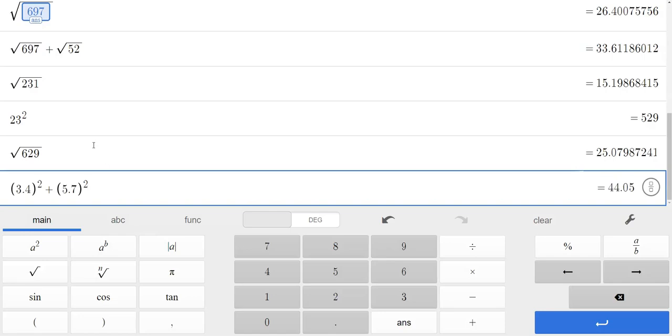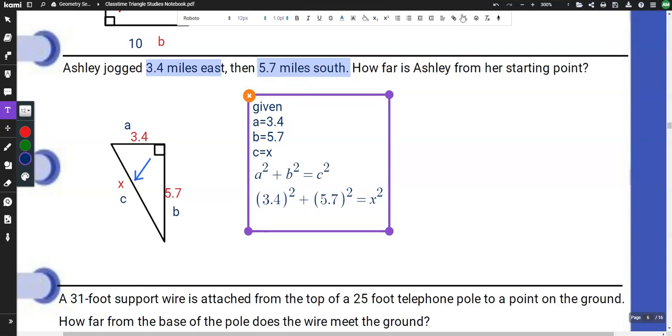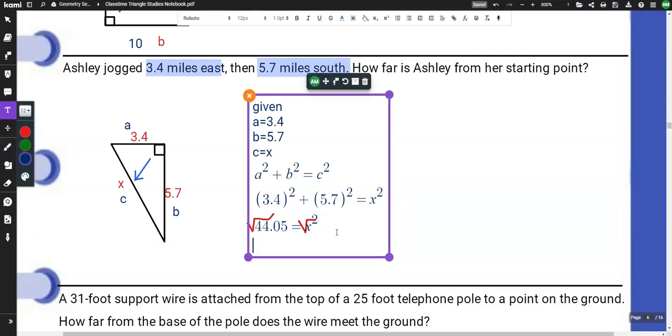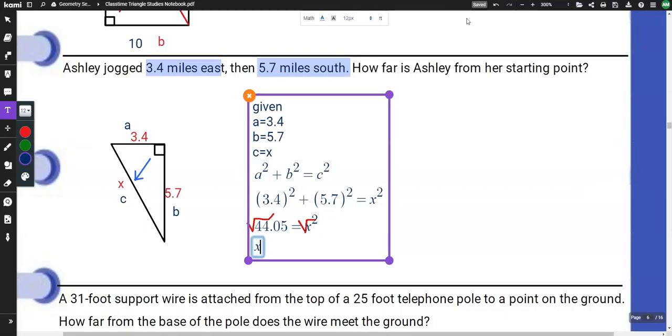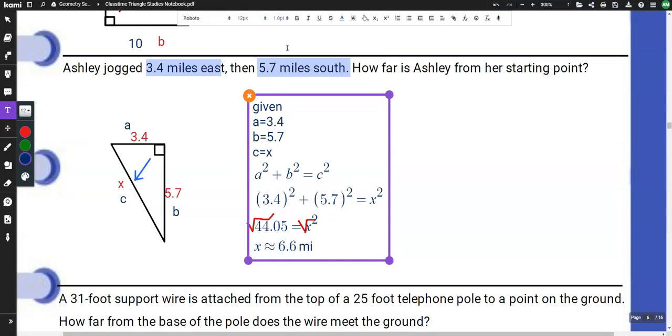We get 44.05. And then, of course, we take the square root, which gives us approximately 6.6. And that's going to be miles.